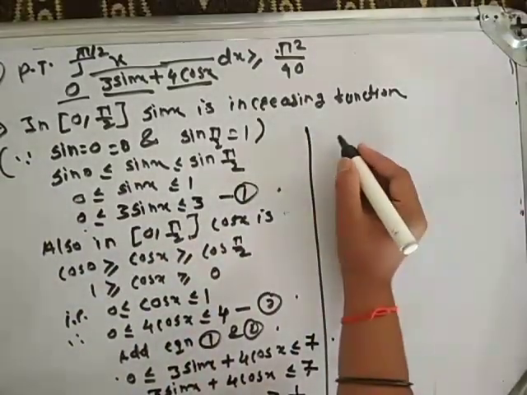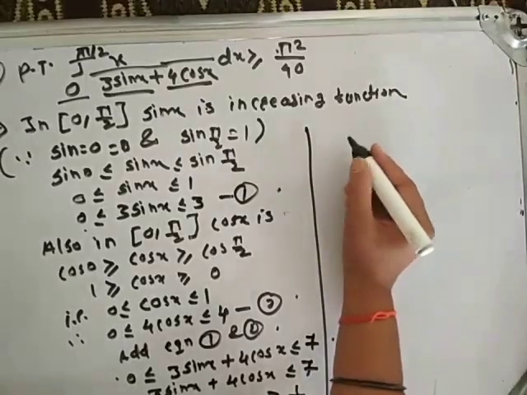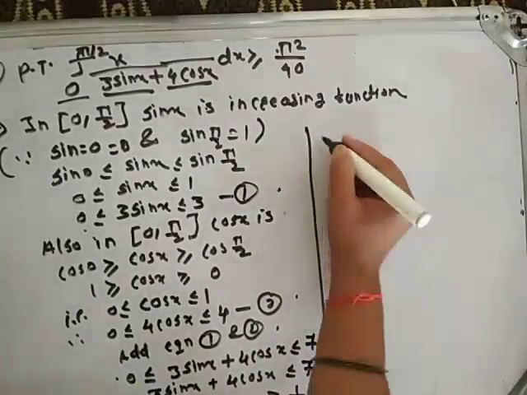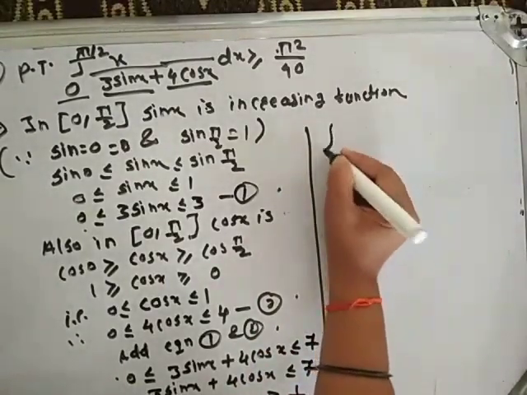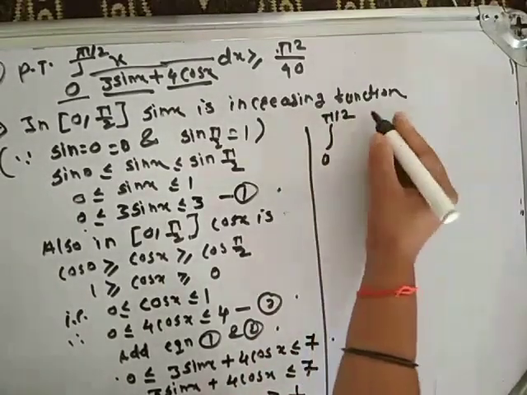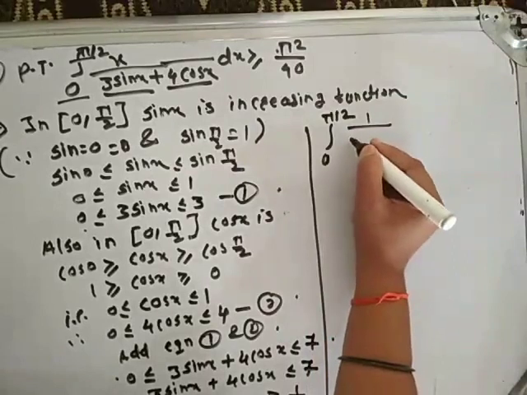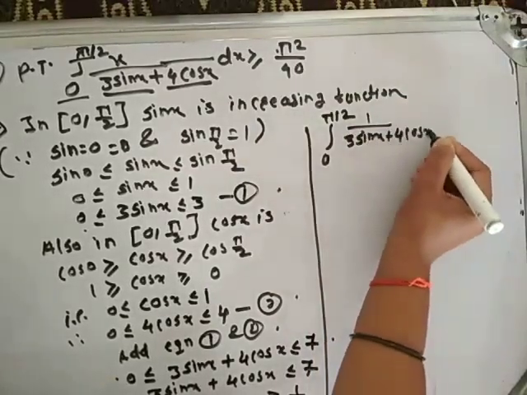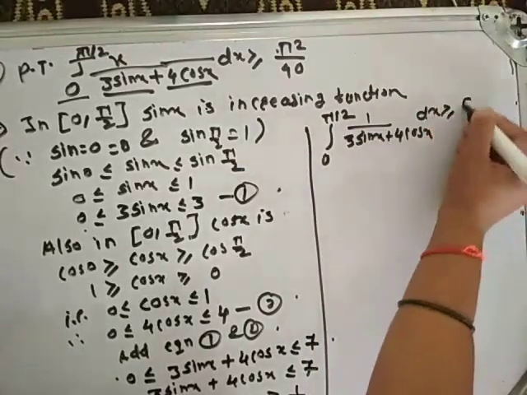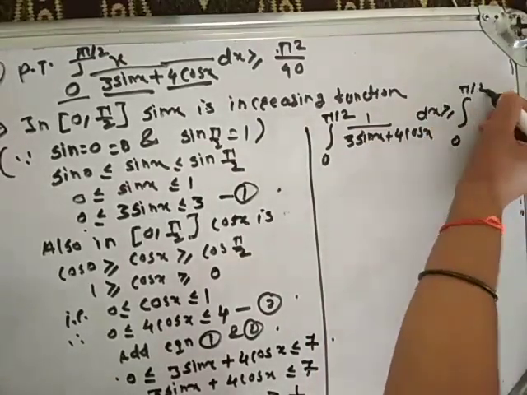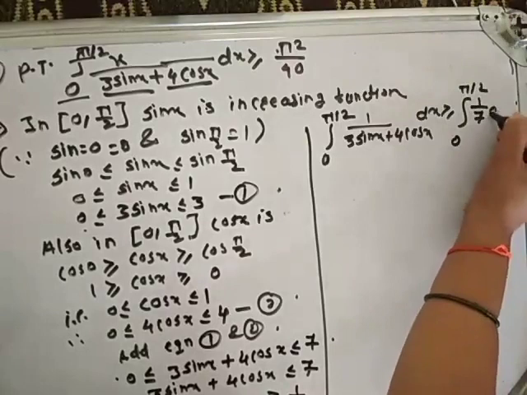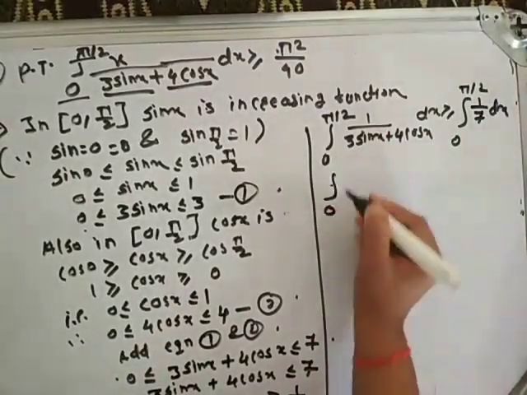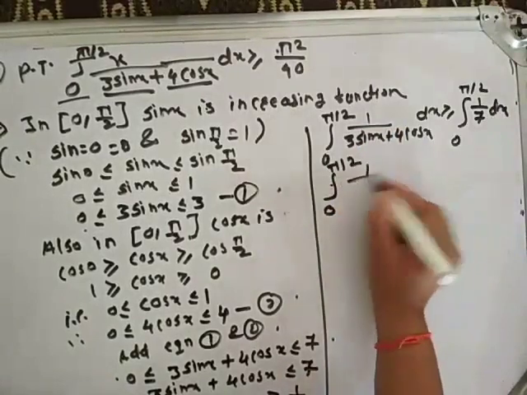Taking integration from 0 to pi by 2, here we will get integration of 1 upon 3 sin x plus 4 cos x into dx is greater than or equal to integration from 0 to pi by 2 of 1 by 7 dx. Keep the left side as it is.